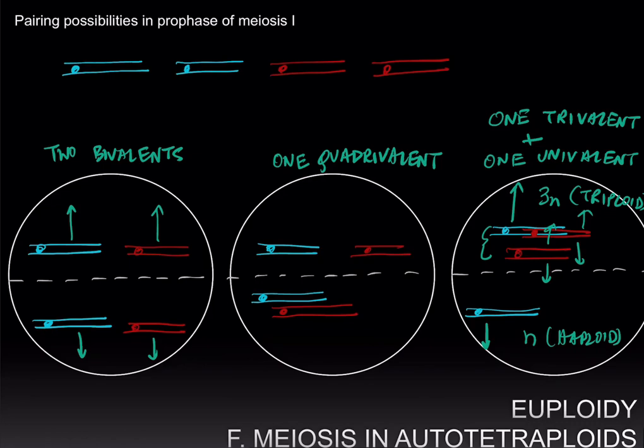Now, the main difference between meiosis in triploids and meiosis in tetraploids is that in triploids, most of the gametes are like this. Most of the gametes are aneuploid, either triploid or haploid.